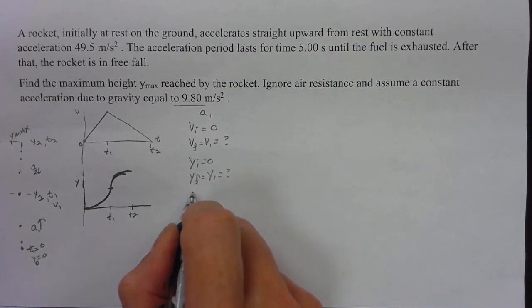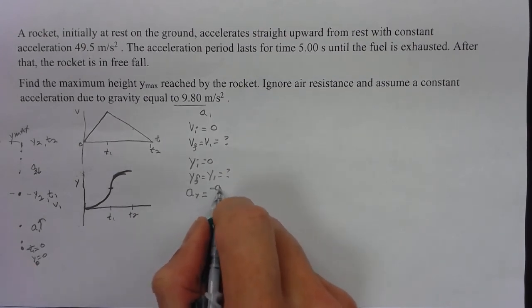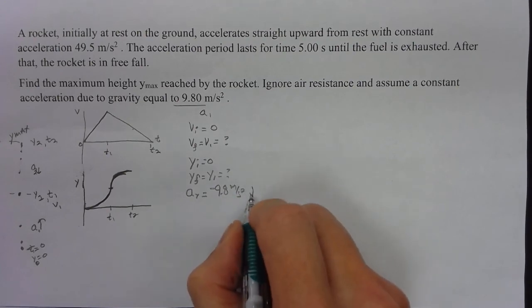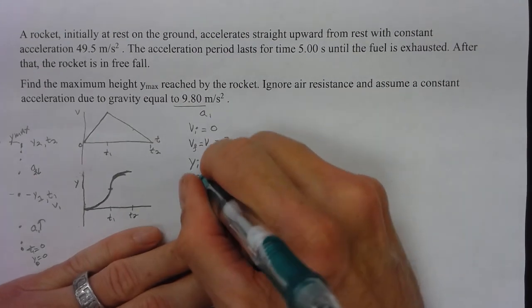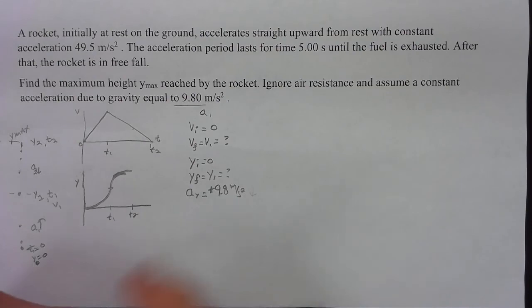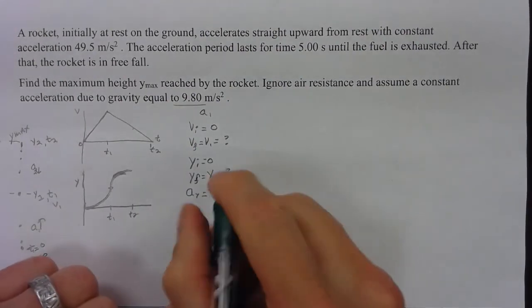We've got an acceleration in the y direction, which is negative 9.8 meters per second squared, since that is downward. Whoops, sorry, I am jumping ahead. This is actually the positive value, positive 49.5. So be careful, read carefully.